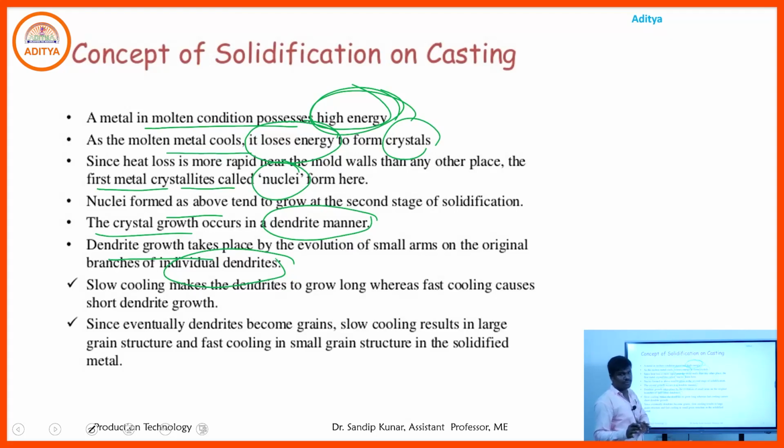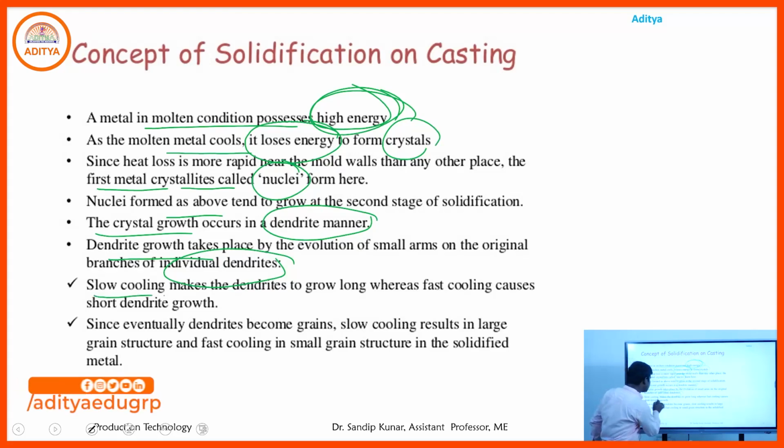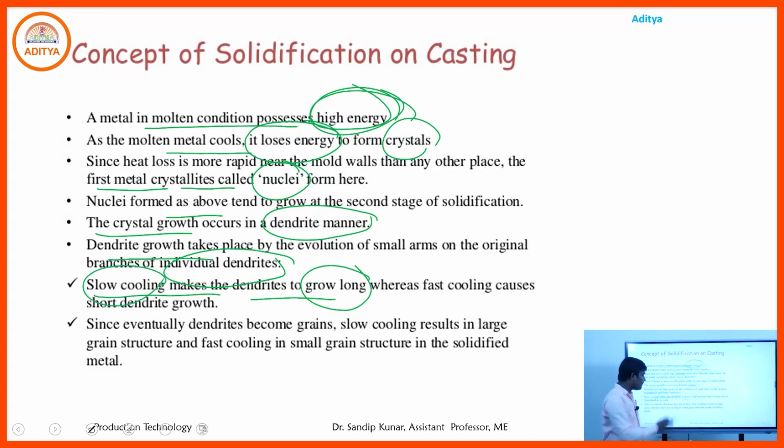are converted into the final product. Slow cooling makes the dendrites grow long. Slow cooling rates form long dendrites, and fast cooling rates form short dendrites.